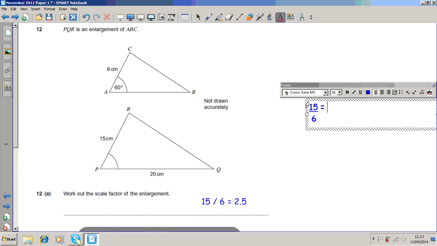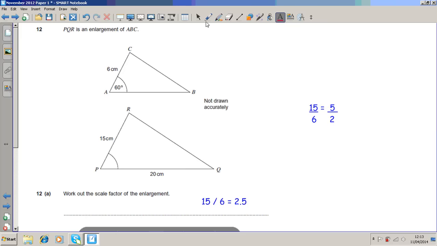If I simplify that and divide both by 3, then I get 5 over 2, and 5 divided by 2, half of 5 is 2.5. So if you're not too keen on decimals, change to a fraction.